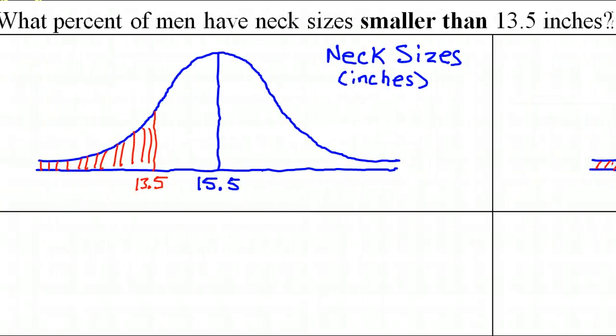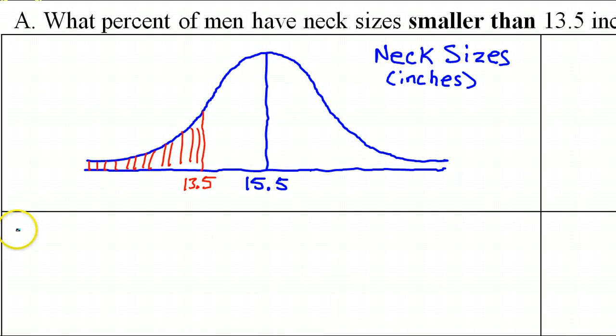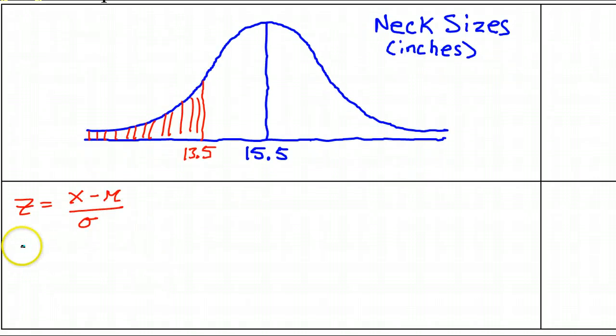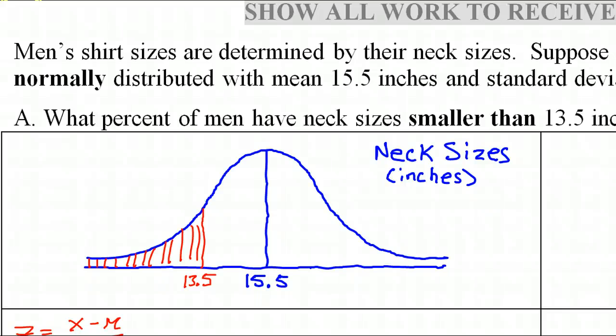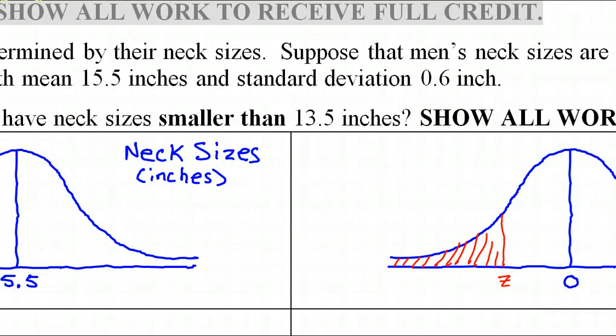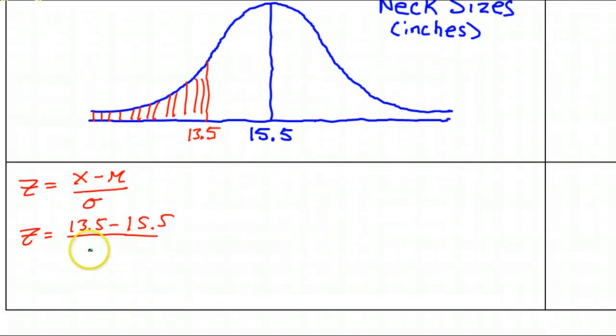Okay, now we know how to find the z because we have a formula for z. Z is always going to be the x value, which is in this case neck size, minus the mean divided by the standard deviation. So in this case, z is going to be 13.5 minus 15.5, and I think the standard deviation was 0.6, so divided by 0.6.